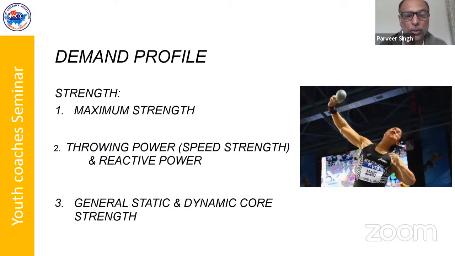In the demand profile, as we just discussed in the previous session about strength training, strength is a dominating motor ability in the throws. We know that. But what type of strength do we need for throwing events? Explosive strength, yes.